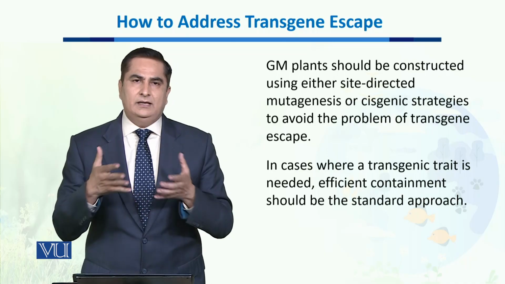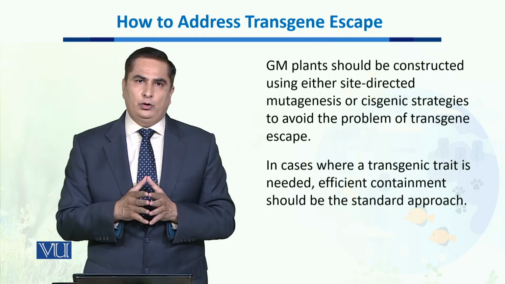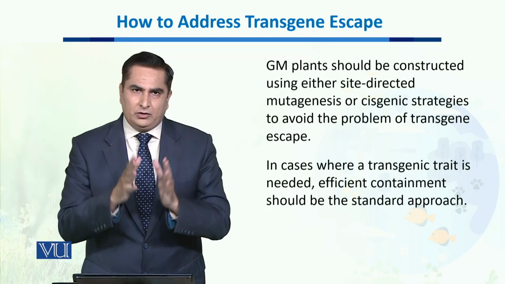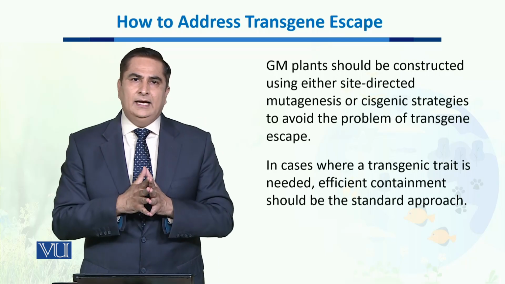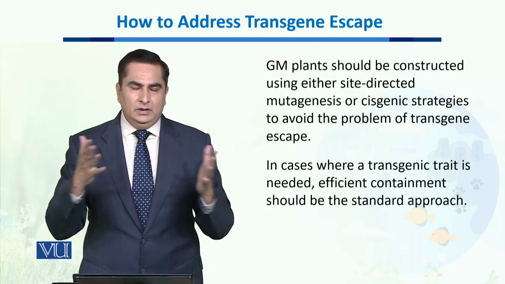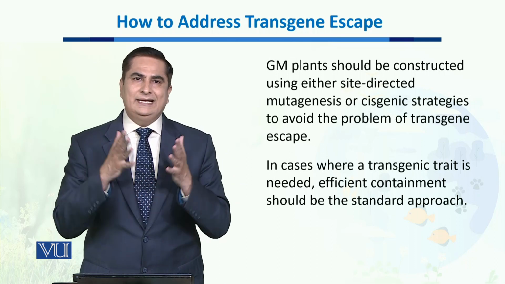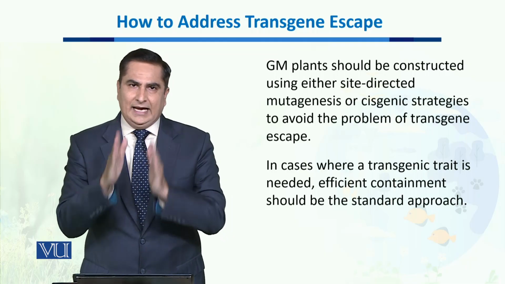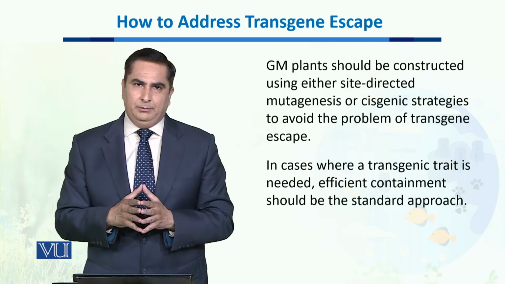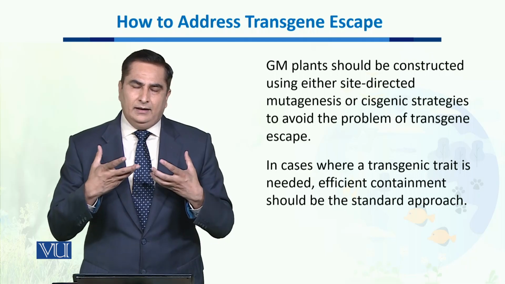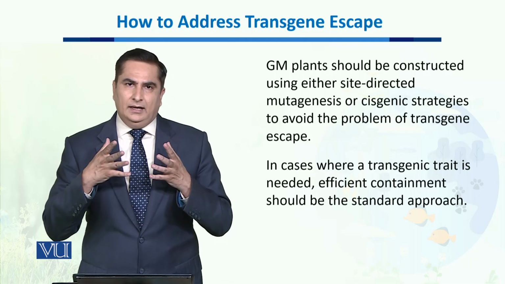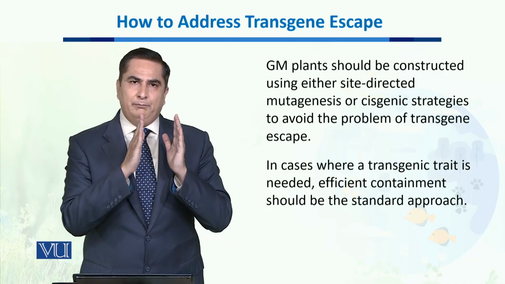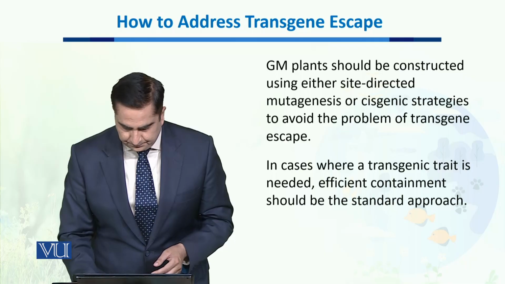For example, in certain studies, they have made sure that if a transgene or a GM crop is grown in a field and the other crops are grown more than 20 meters away, there are very little chances of transgene escape. So these standard measures can be utilized to avoid transgene escape as much as possible.